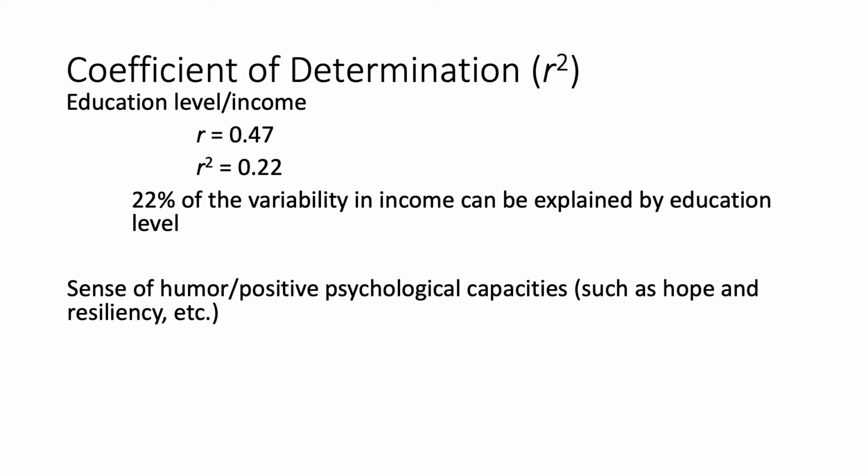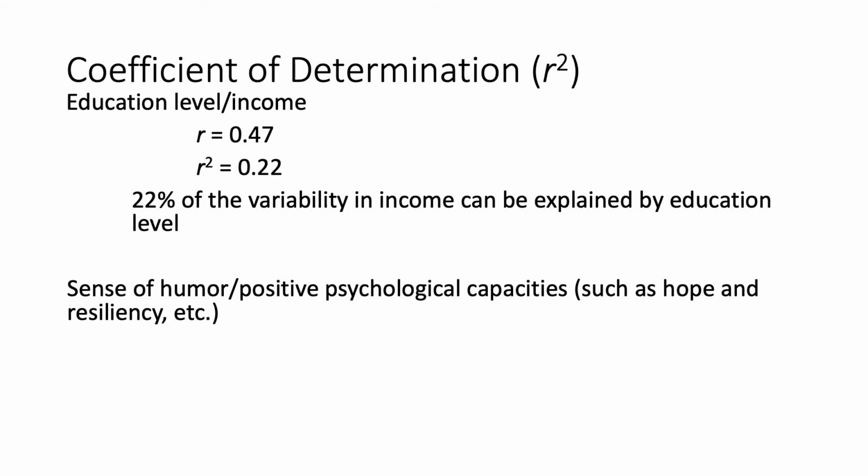We can measure people's sense of humor. There are several scales and measurements that we can use to do this. And we can measure their positive psychological capacities, such as hope and resilience and optimism and things like that.